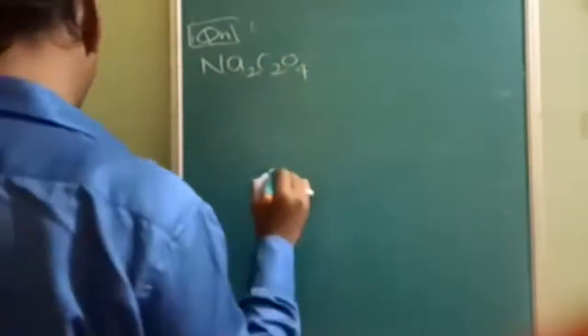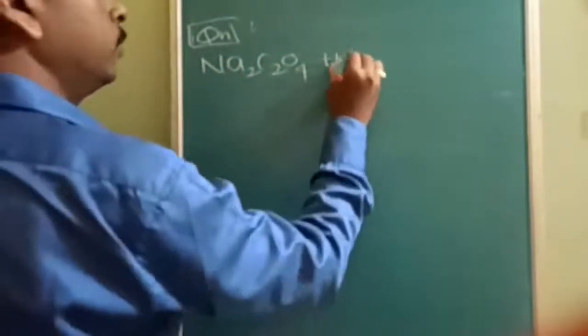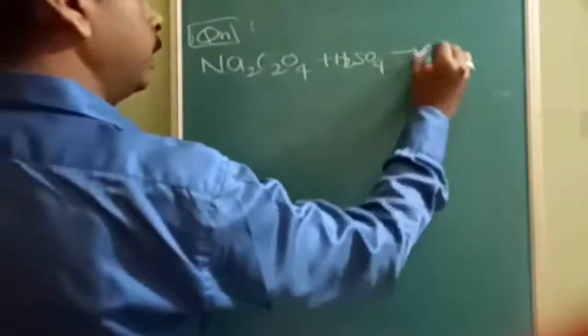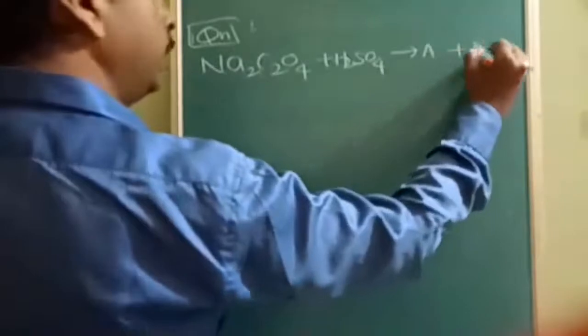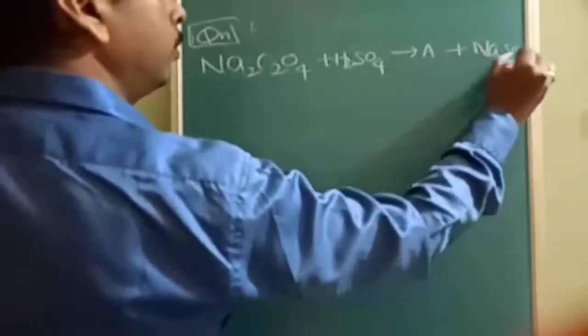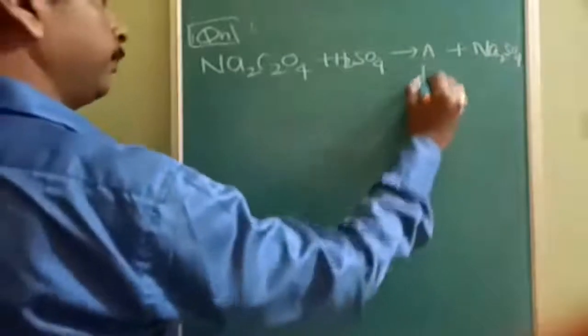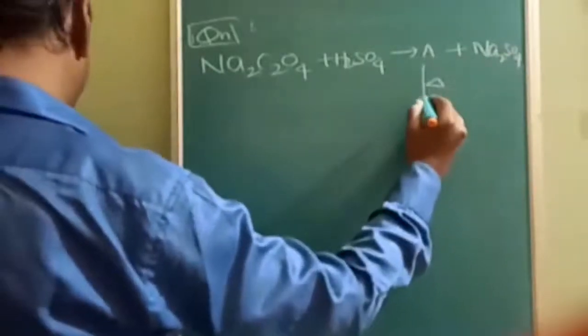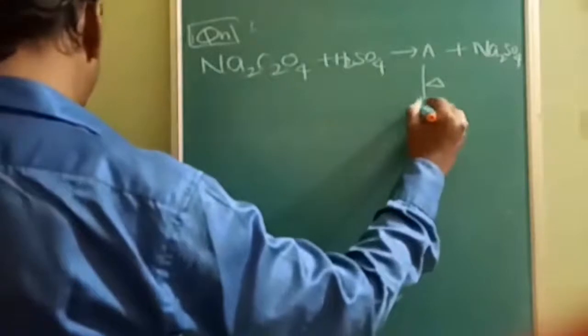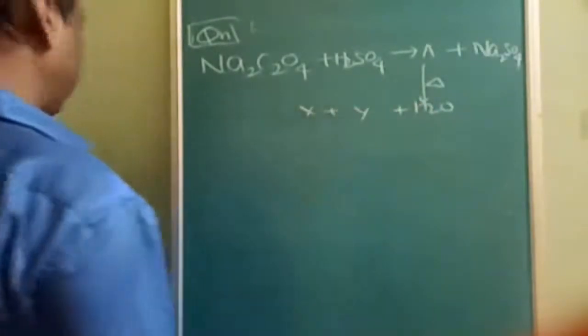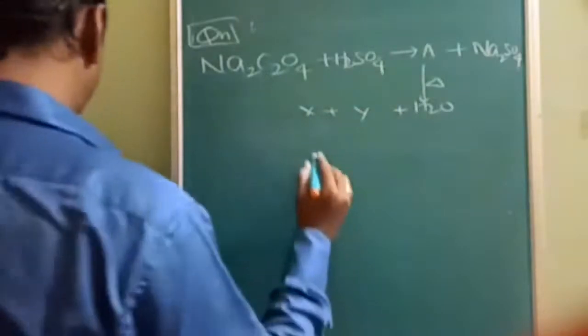Na2C2O4 plus H2SO4 gives A and Na2SO4. And when A is heated, H2O is evolved plus X plus Y. Two substances are evolved.